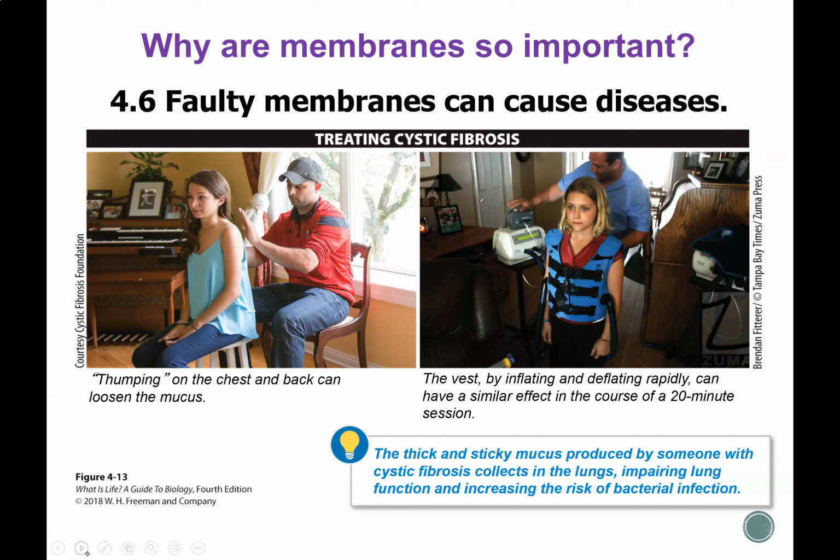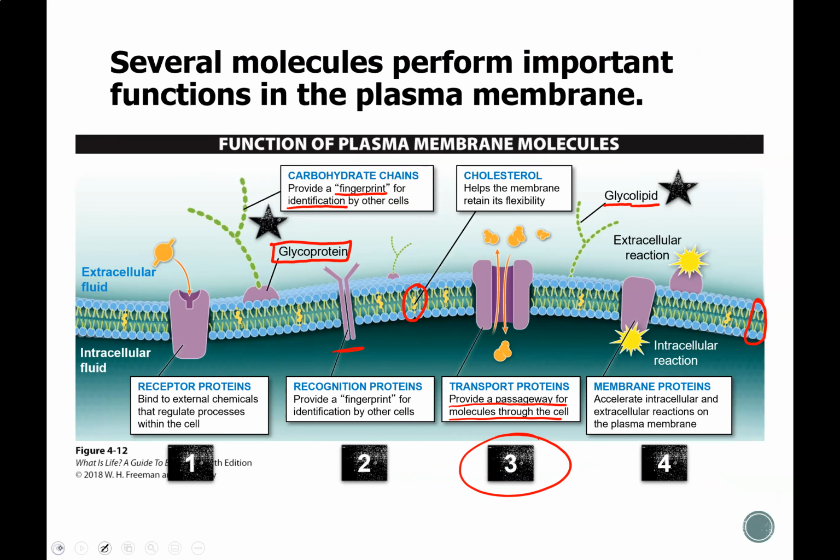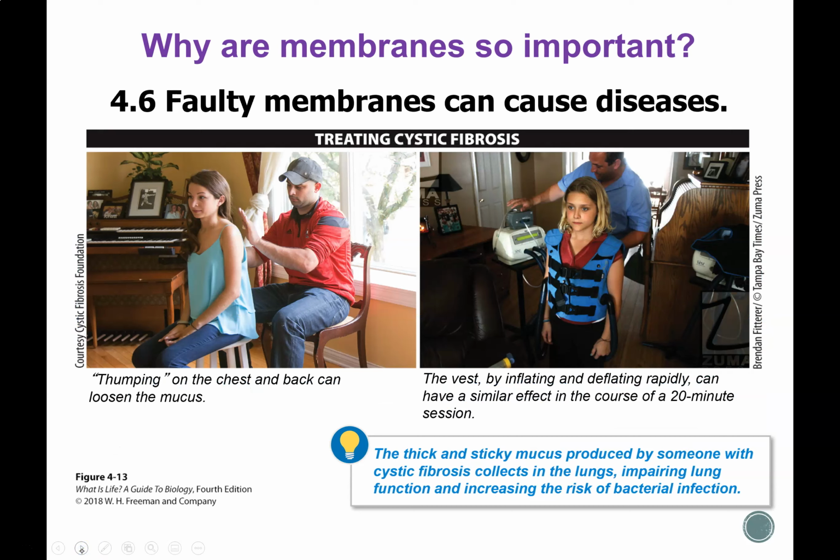So here we have some photos of individuals that have cystic fibrosis. So cystic fibrosis is caused by an incorrectly shaped transport protein, like this guy here, that comes from a mutation in our DNA.